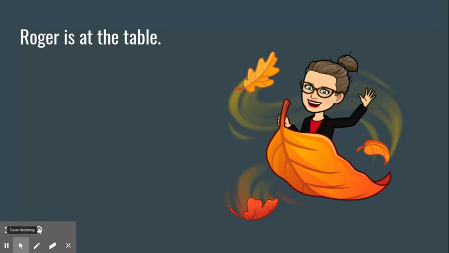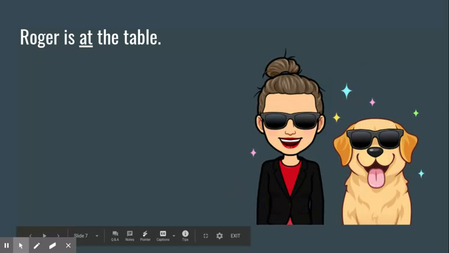Let's look at the sentence on the board. Roger is at the table. What does the word at tell us about Roger and the table? It tells us where Roger is. Where is he?